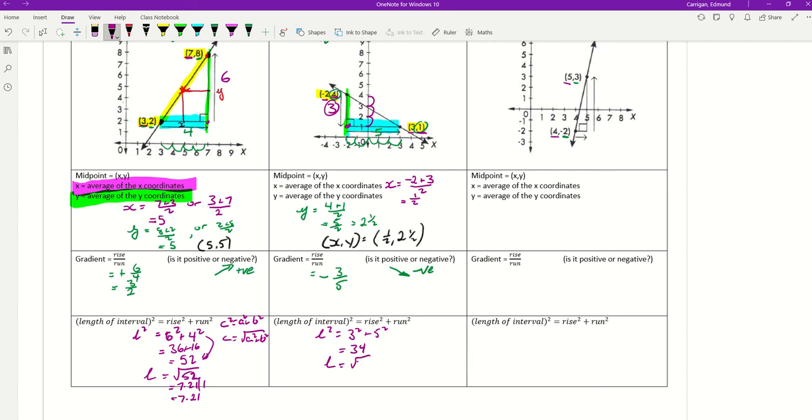L is the square root of 34, which if I put in my calculator is 5.830. So to 2 decimal places, 5.83.